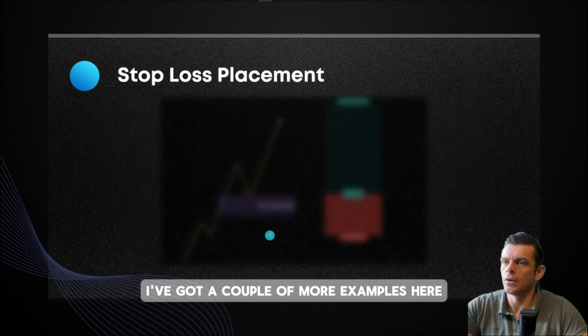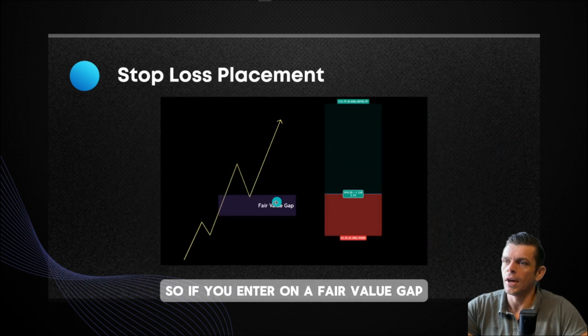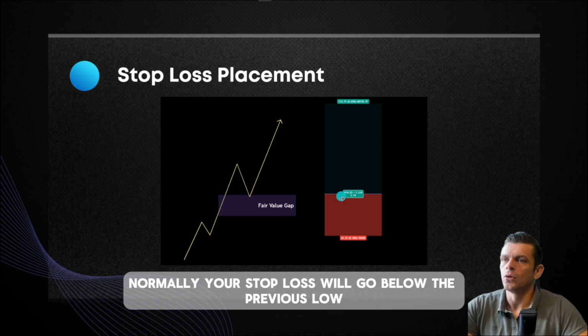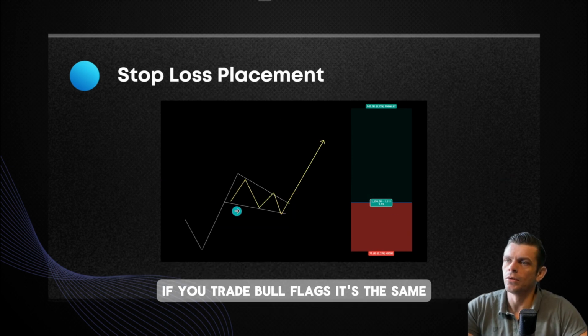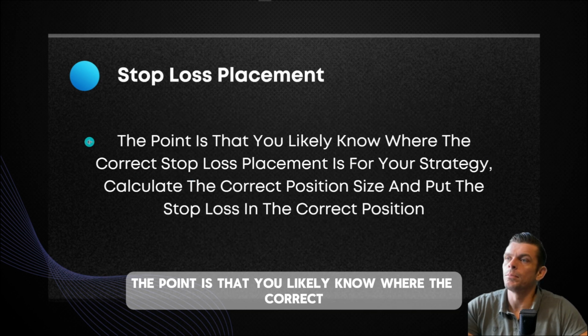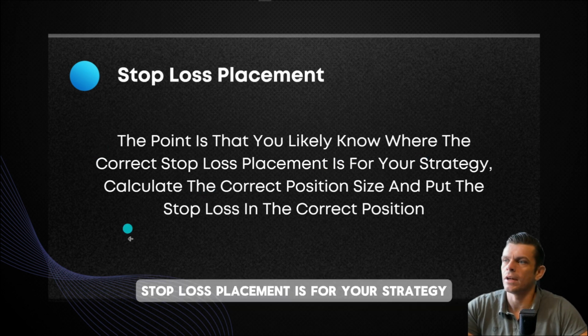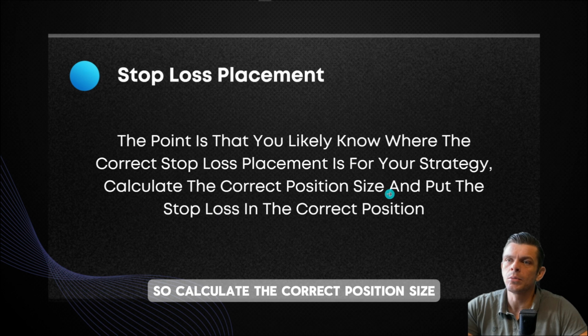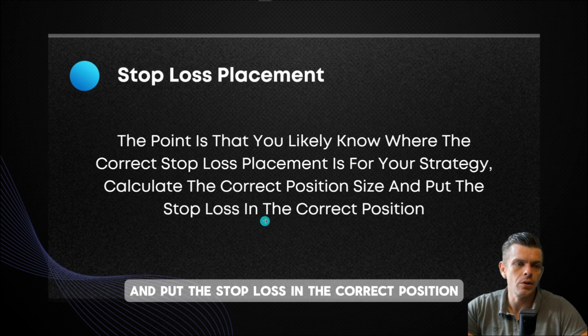I've got a couple of more examples here. If you enter on a fair value gap, normally your stop loss will go below the previous low. If you trade bull flags, it's the same. The stop loss will go below the previous low. The point is that you likely know where the correct stop loss placement is for your strategy. So calculate the correct position size and put the stop loss in the correct position.